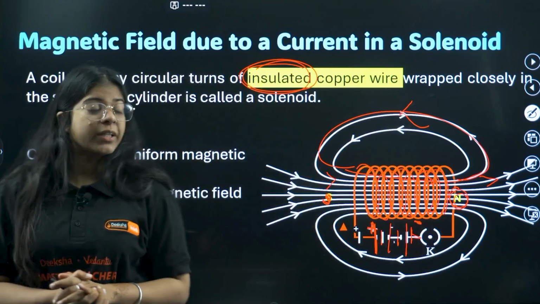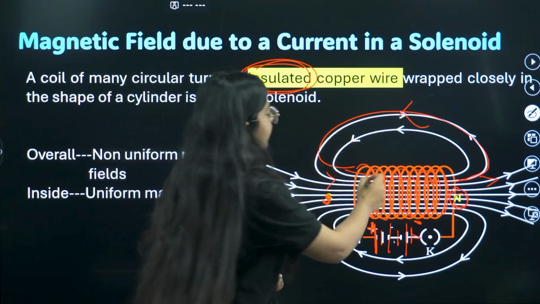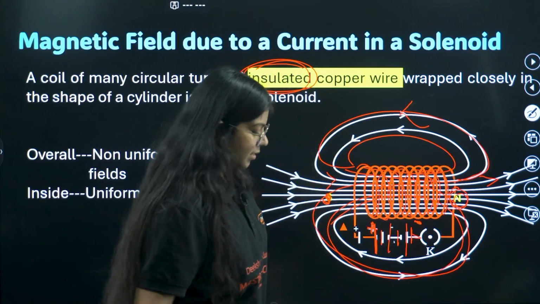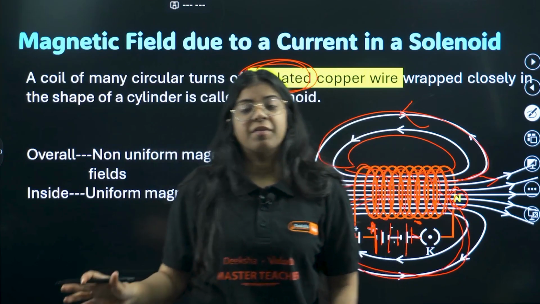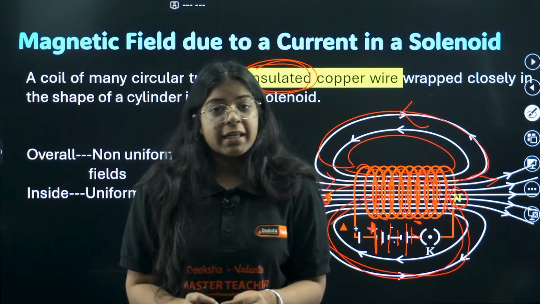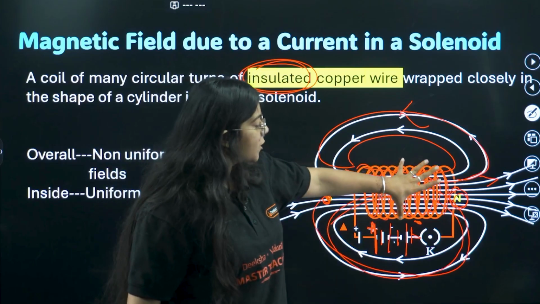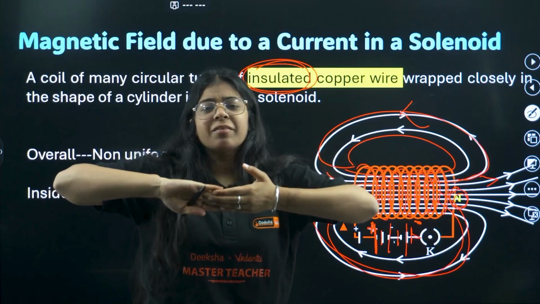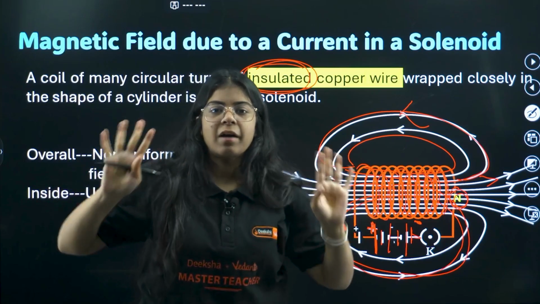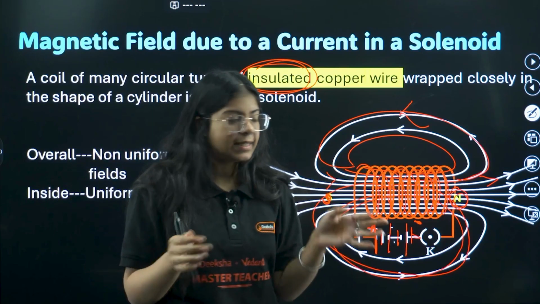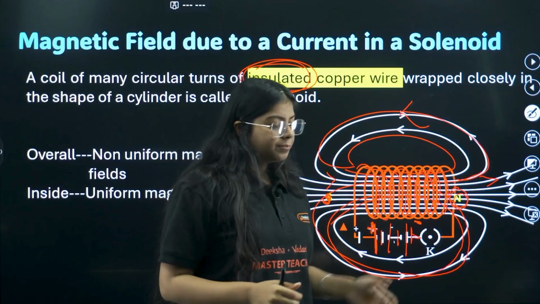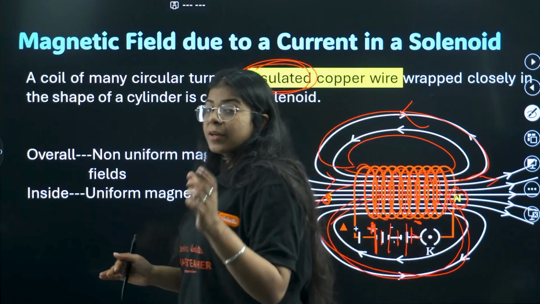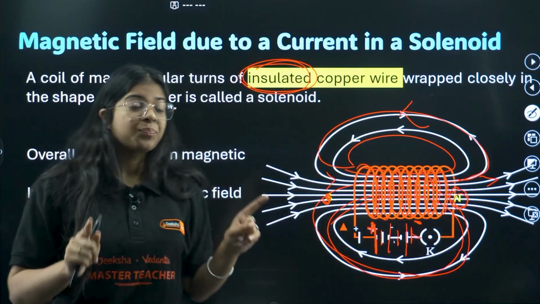Now, a very important point here: there will be lots of magnetic field lines like this one, this one, all this stuff. What's important to remember is that inside the solenoid, when we are wrapping the wire, we are just wrapping it around air. We don't insert anything inside it. So inside that copper wire, inside that solenoid, the magnetic field lines will be uniform.